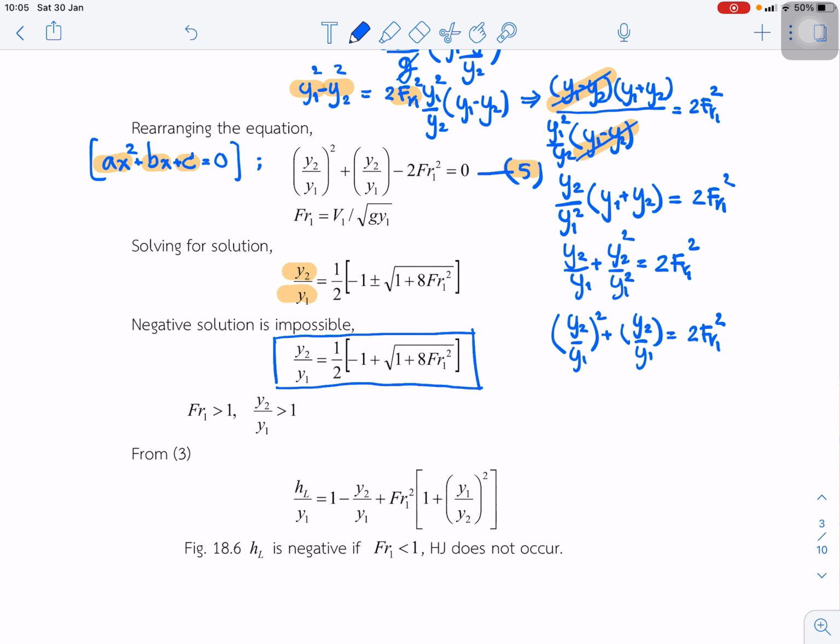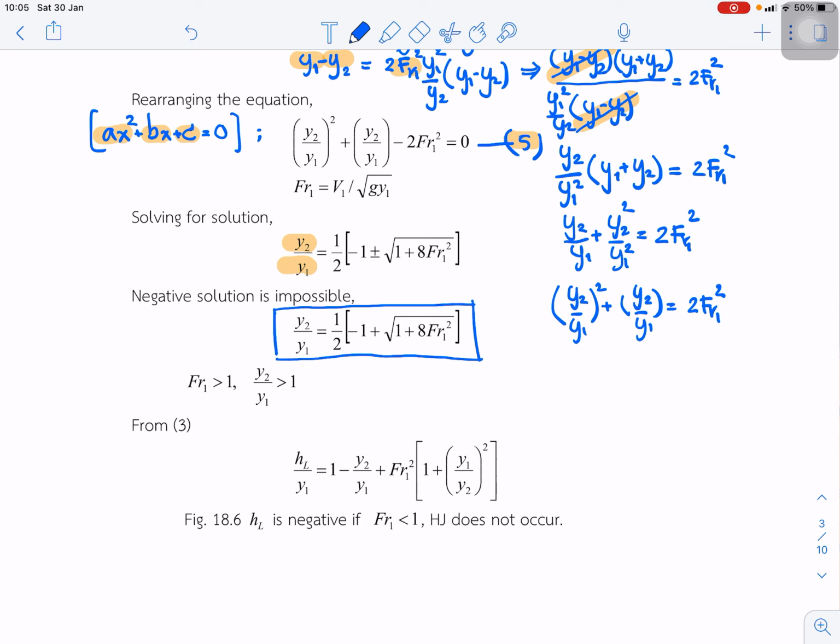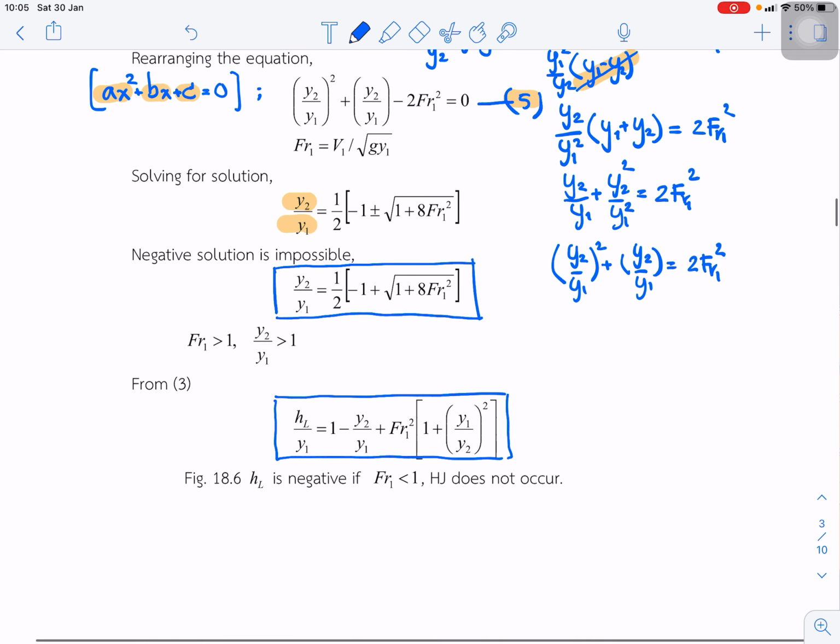And from equation 3 we can find the head loss equation for the jump. They say that the head loss is negative if the Froude number is less than 1, so hydraulic jump does not occur.